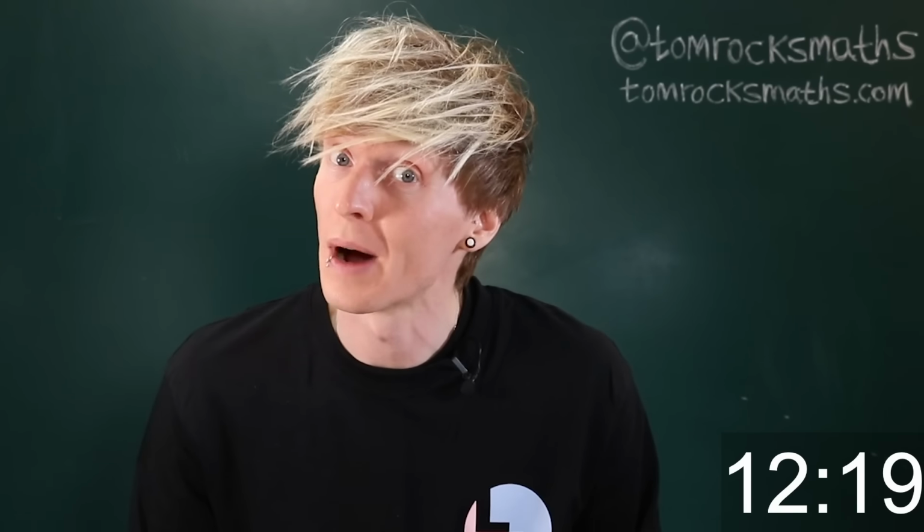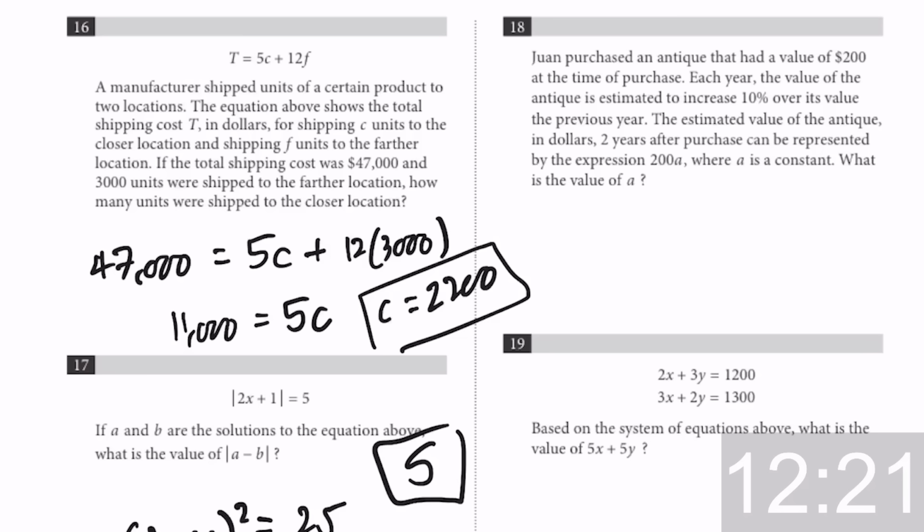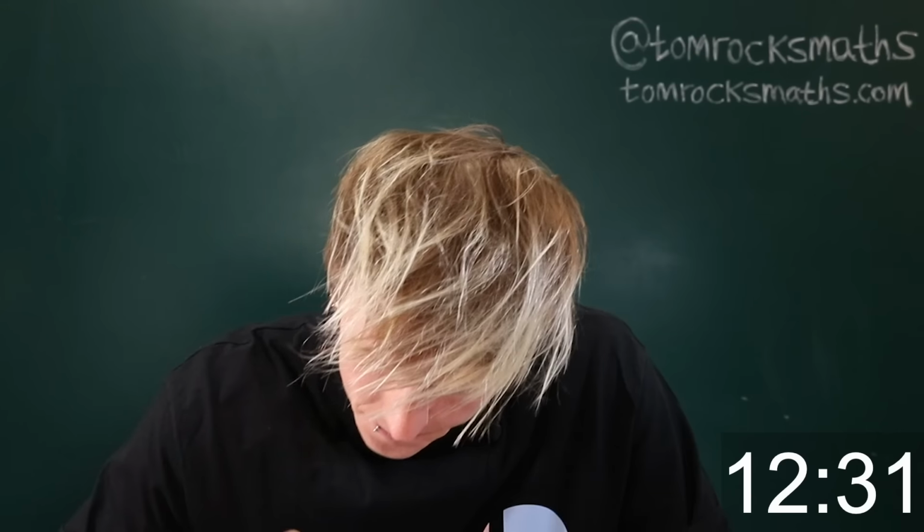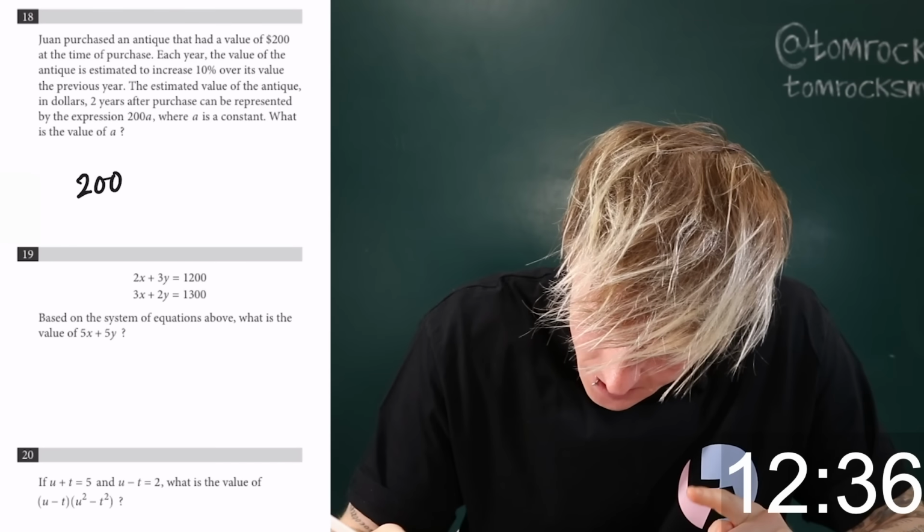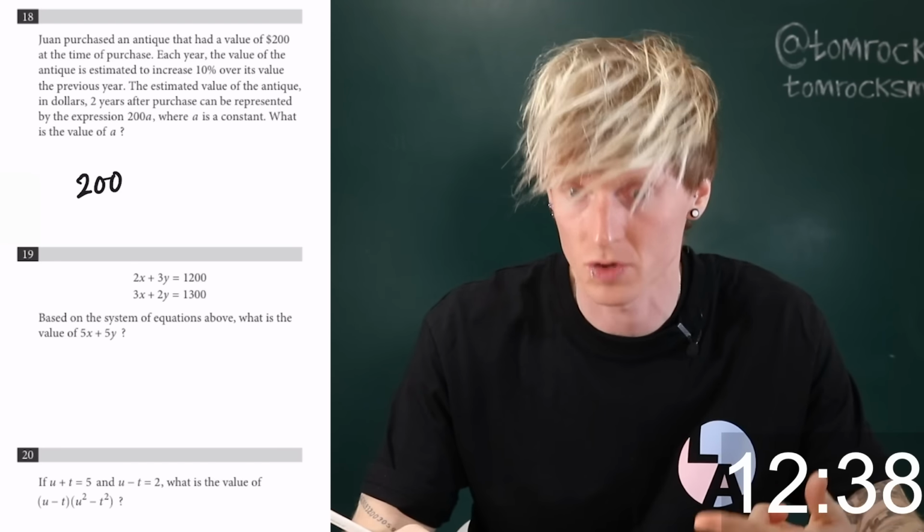All right, Juan's going antique shopping. A man purchased an antique that had a value of $200. Each year the value is estimated to increase 10%. The estimated value 2 years after purchase is given by the expression 200A. What is the value of A? Okay, so we know that it's 200, and then each year the value has increased.